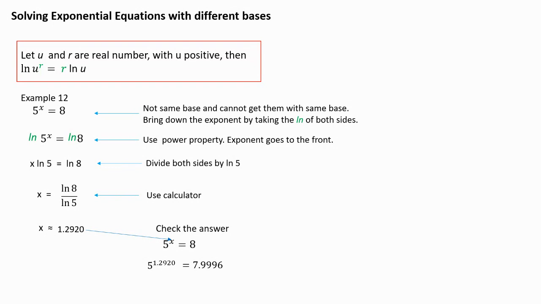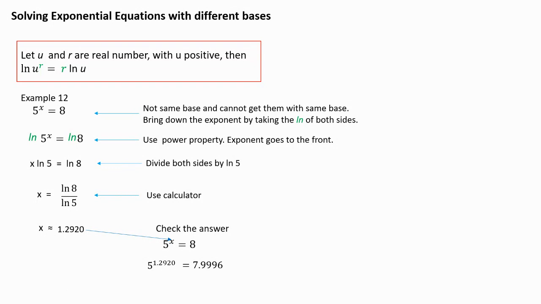Oh, so you were talking of the quotient rule. Okay, let me go back. If you have the ln of 8 divided by 5, using the quotient rule is going to be the ln of 8 minus the ln of 5. So what you have here, Marisol, is this right here.